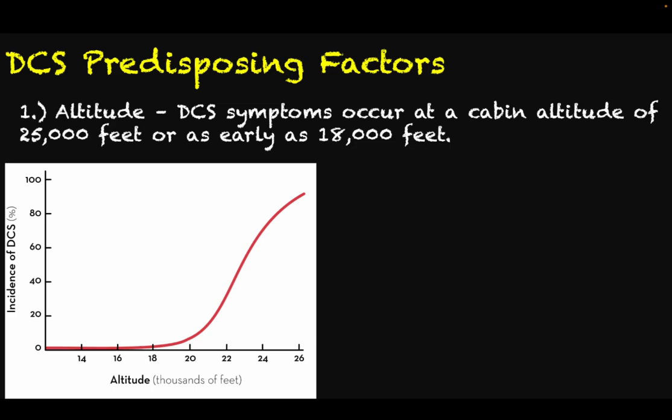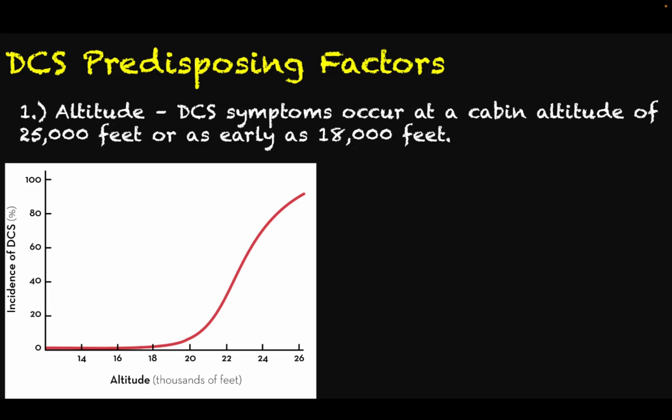You can see it as early as 18,000 feet, and we will see some later predisposing factors that essentially lower your threshold for when you can start experiencing DCS symptoms, things like your body composition, your age, how much physical activity you undergo, and whether you've deep sea dived at any point in the last day or so. So for a person that has no other predisposing factors, 25,000 feet is generally where you start to see symptoms.